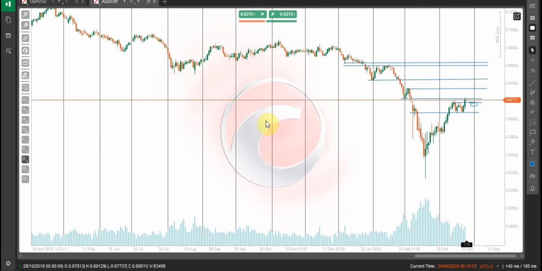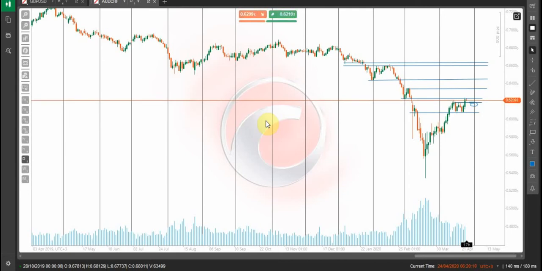We're also going to apply the buying pressure, the measure move, and the structure of the wave.